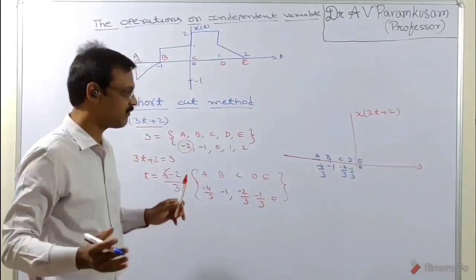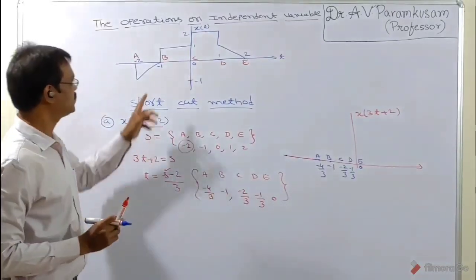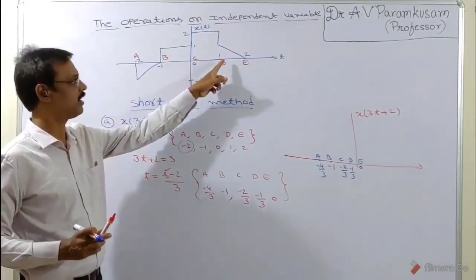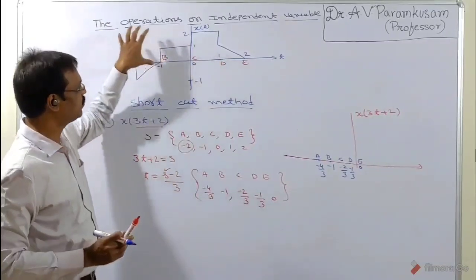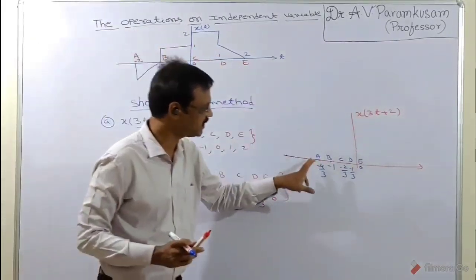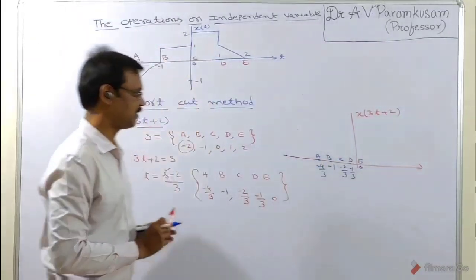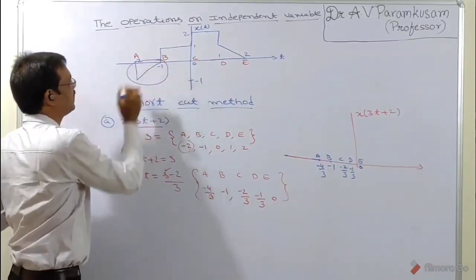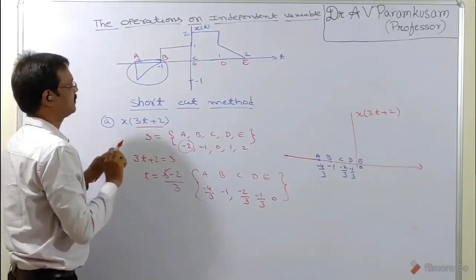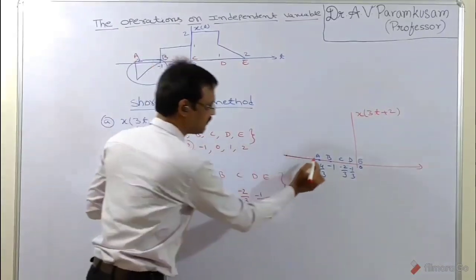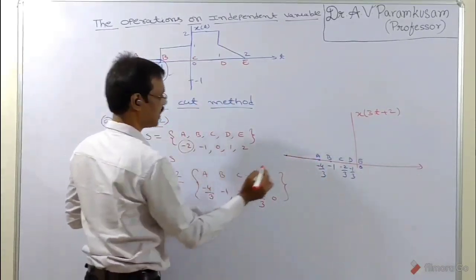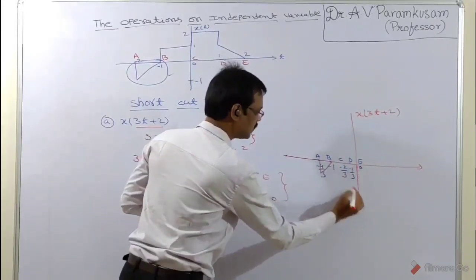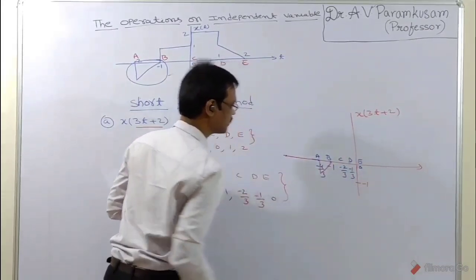Now the final answer is very simple. You just identify the line segments between any two successive points, and draw those line segments between the same points. Between A and B, this portion is there, so here also between A and B, you draw the same line. The amplitude does not change, -1.